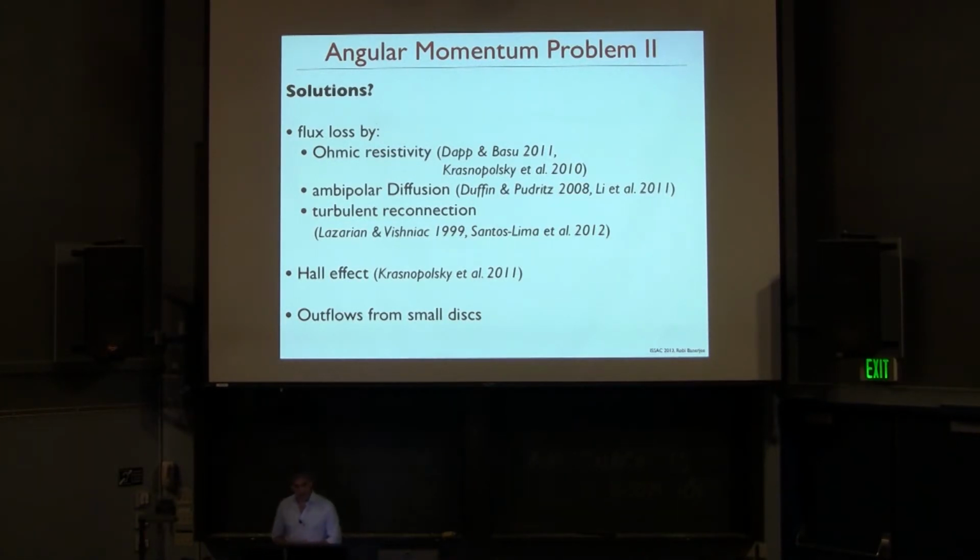And of course, you could also include some Hall effect. Sorry, it doesn't reduce the magnetic flux, but it could, in principle, help you to redirect your fluid and create a disk. But this depends on the sign of the magnetic field. It can help you, or it also can prevent disk formation.